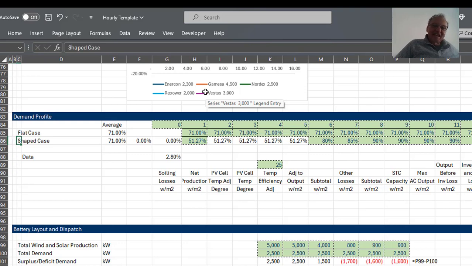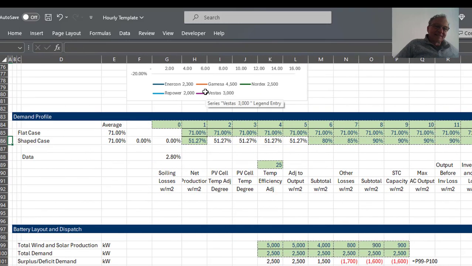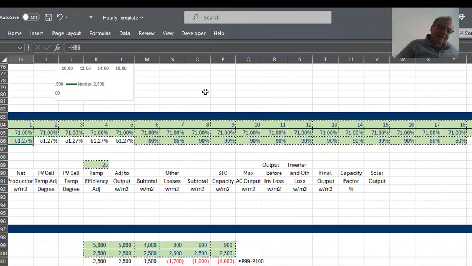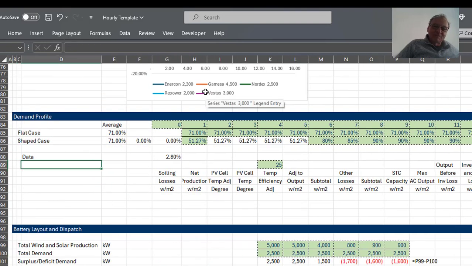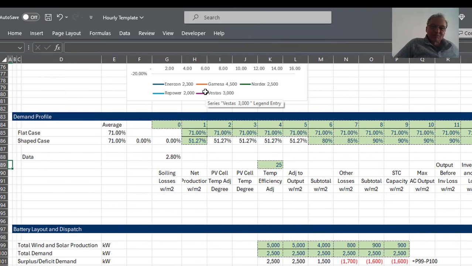But let's shape this a little, because we know we have a little more solar capacity during the day. So we have some at night, some at day. I've done another video on that, I don't know where to find that video, but you can find it.